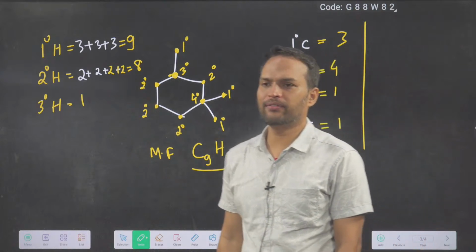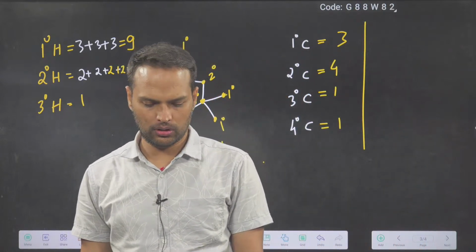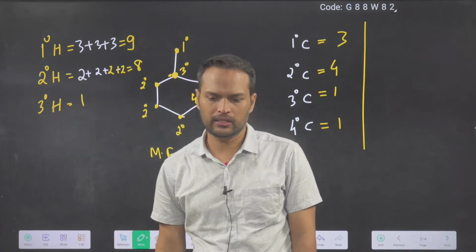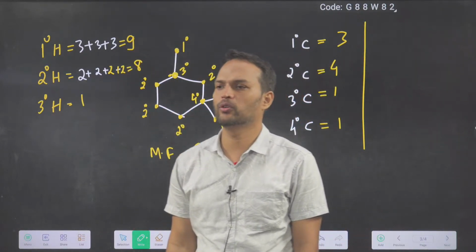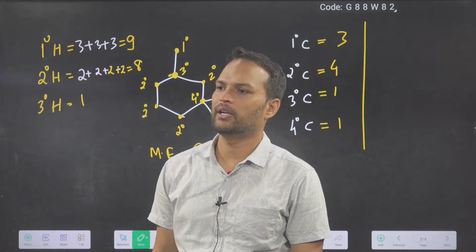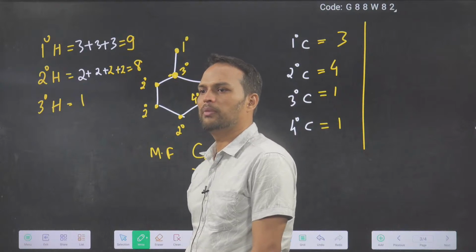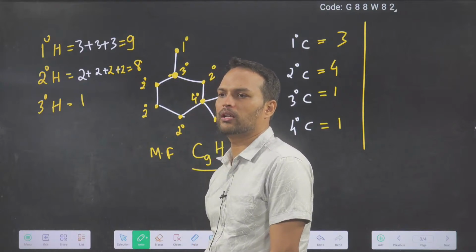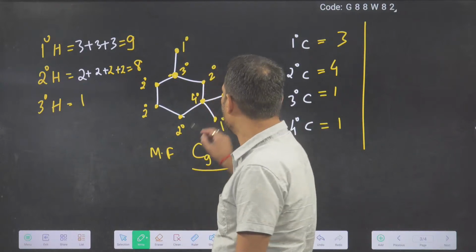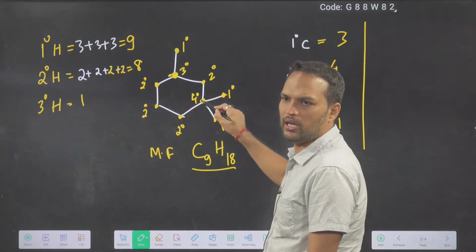Can you have 4 degree hydrogen? Those who are writing 1, 4 degree hydrogen, 4 degree means carbon connected to 4 carbon. Are you having any hydrogen?